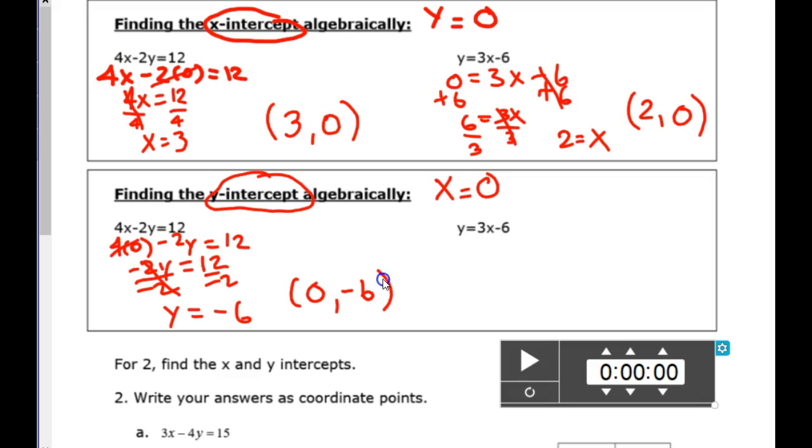For the y-intercept. If you wrote it the other way around, be careful when you write it. X is 0 again, so y equals 3 times 0 minus 6. Hopefully you're able to recognize that if it's in mx plus b form, this is your y-intercept, because when you plug in 0, there it is. Y equals negative 6. This just so happens to be the same y-intercept.